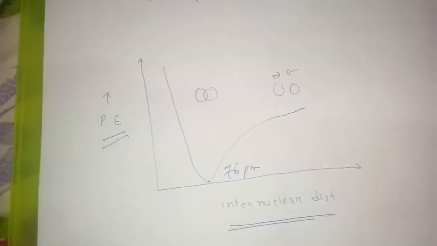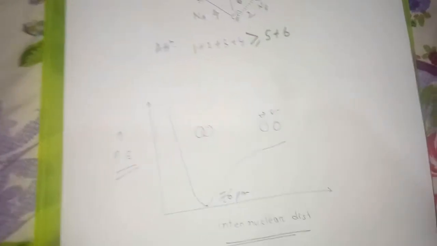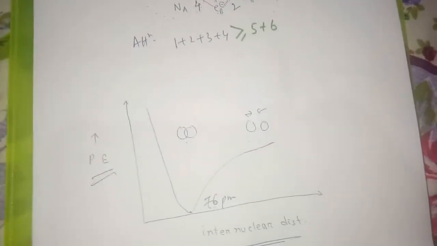This is potential energy. So what we have learned in valence bond theory is that if two atoms are away from one another, then only the force of attraction exists between the electron and nucleus of the atoms.